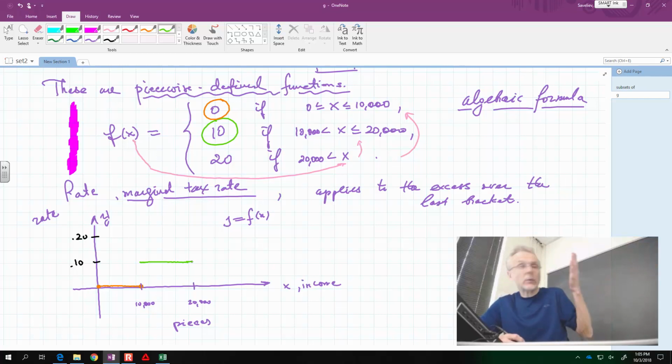Since, you remember, we need to satisfy the vertical line test. If you worry about the vertical line test, these are the vertical lines that might get you in trouble. So you have to have one output for each input. Okay. So then 10,000 is taken. That orange dot over here is taking care of the 10,000 income.